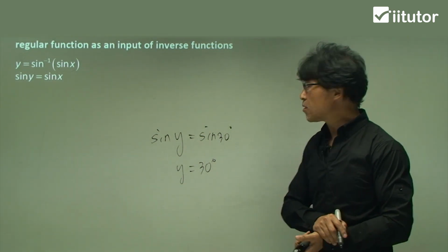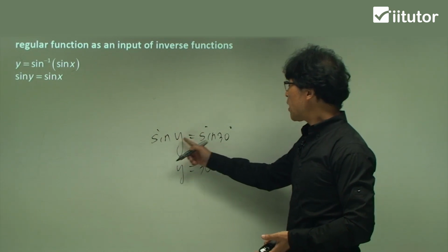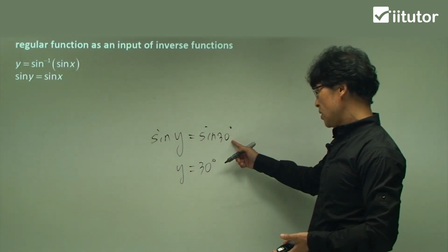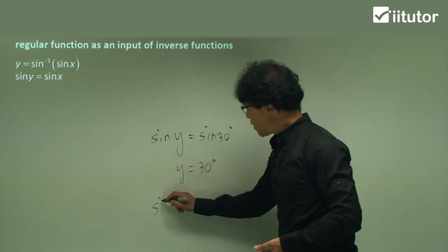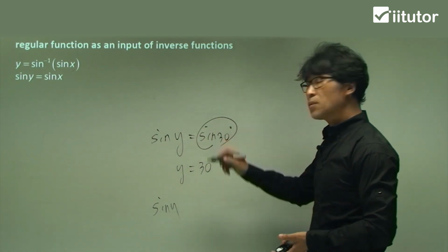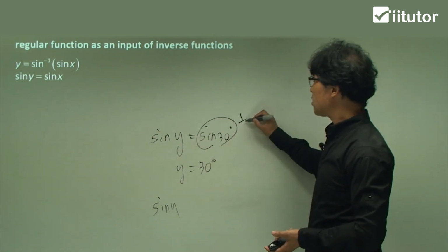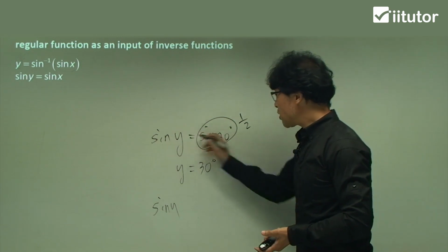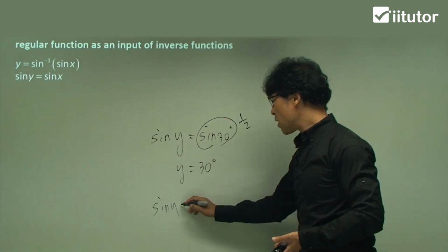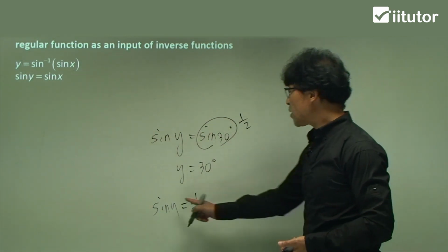Now, the reason is this. Sine y equals sine 30, and sine 30 is just a specific value, which is a half. So that question is the same as sine y equals a half. So what's y?